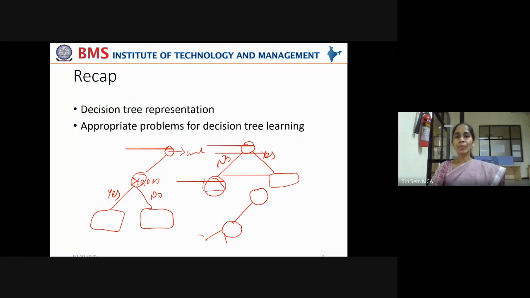If data can be represented in that format, then we can opt for this decision tree algorithm. And it also supports both disjunctive and conjunctive rules.